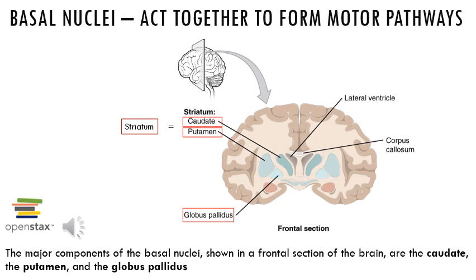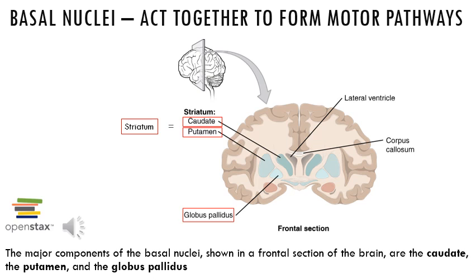And you'll see them illustrated here in various shades of dark and blue, and you notice that they're located more or less at the base of the cerebrum, deep inside the cerebrum, right down about where our corpus callosum is.